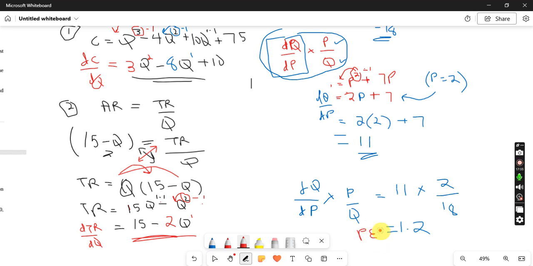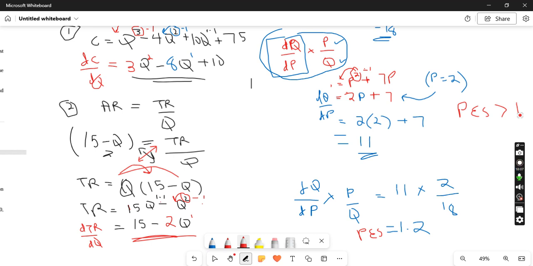So how do we interpret this? If your price elasticity of supply is greater than 1, if PES is greater than 1, it means supply is elastic. What do we mean by elastic? When we say supply is elastic, it means it responds greatly to changes in price. So price can increase by 1%, you find supply will increase by maybe 20%, 15%.